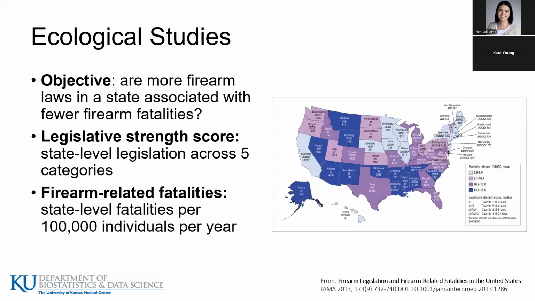As an example, we may have an objective to see if more firearm laws in states are associated with fewer firearm fatalities. So we can use the legislative strength score across 5 categories, and then we can look at the firearm-related fatalities.